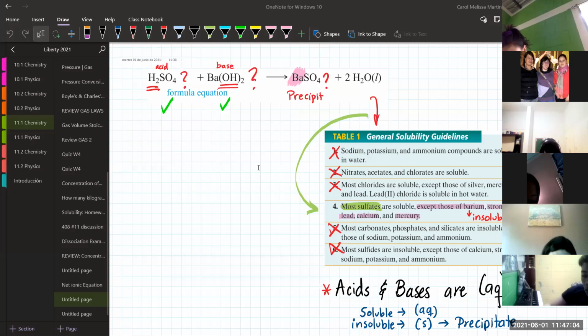Now we need to write the physical state of each. We said that this one is insoluble, so it's going to be solid. We said that acids and bases both are in aqueous solutions, so you write the physical state over there. And now your equation is ready to dissociate.